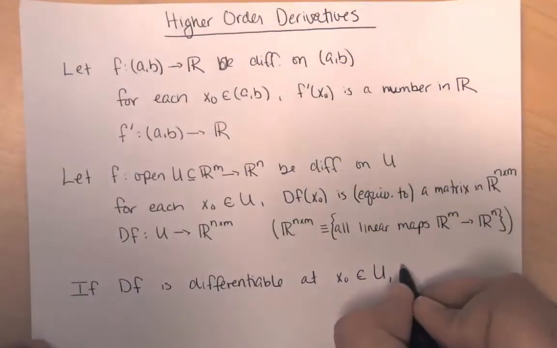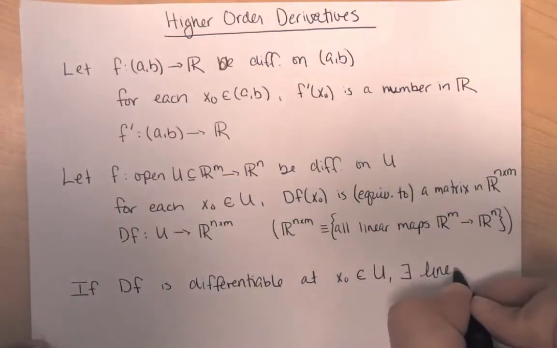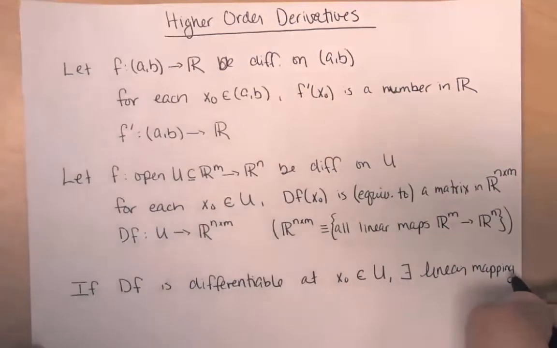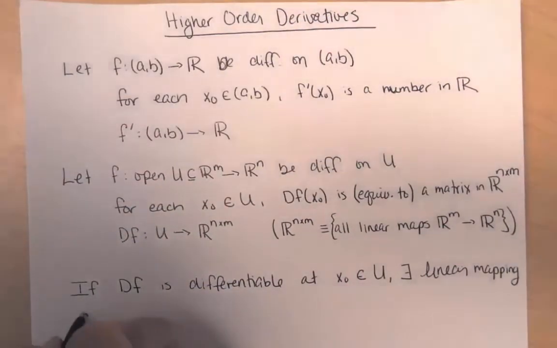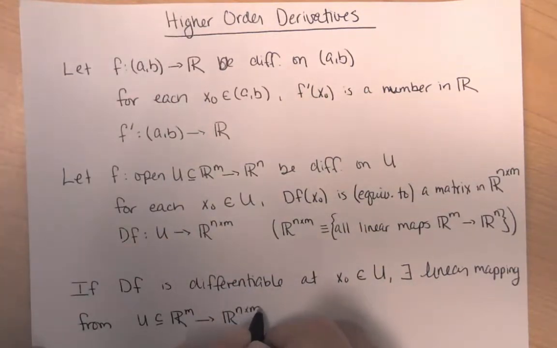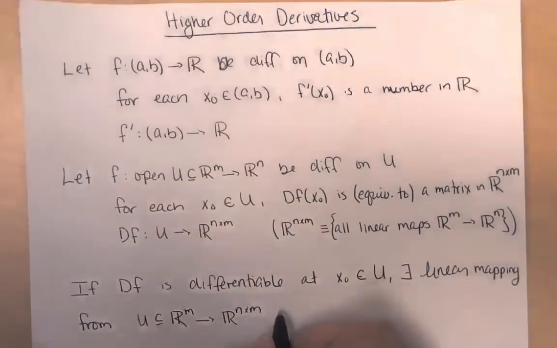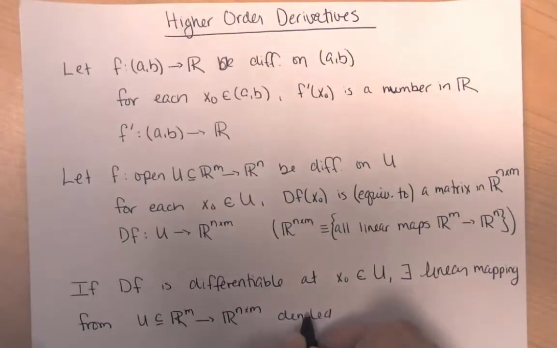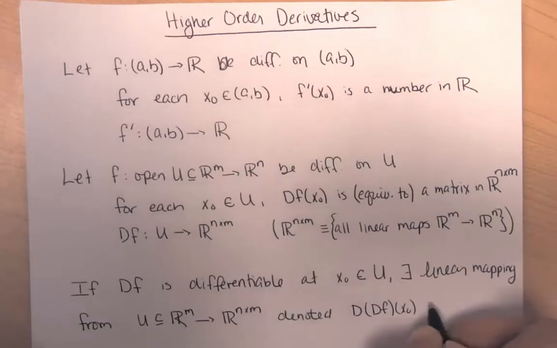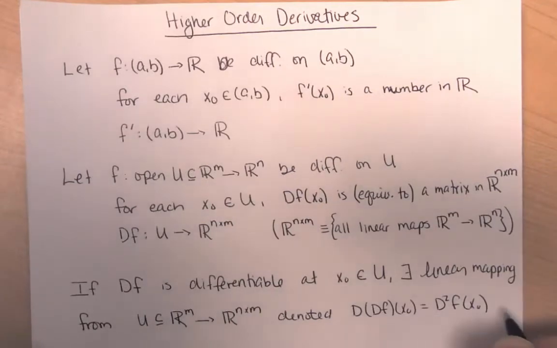That means there exists a linear mapping from U, which is contained in Rm, to Rn by m. And we denote it the derivative of df at x naught, or the second derivative of f at x naught.